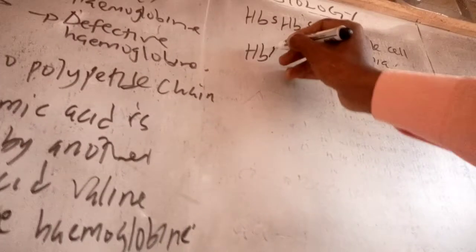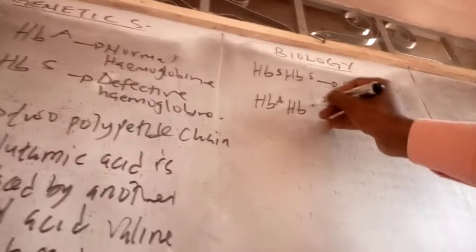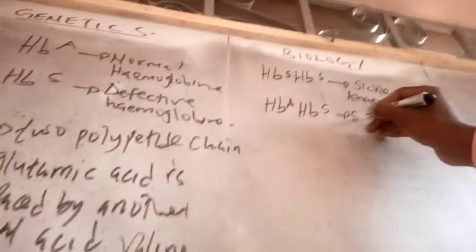This is HbA and also HbS. Those individuals are referred to as possessing sickle cell anemic trait.